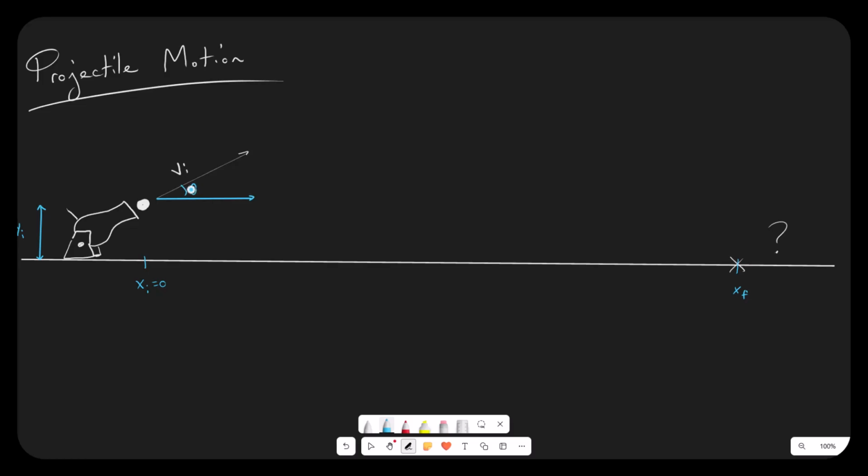Given a launch angle, we're going to break this into a V initial X and a V initial Y, and we're going to do that with our regular vector decomposition. So this makes a right triangle, so V initial Y is going to be V initial times the sine of my launch angle. V initial X is going to be V initial times the cosine of my launch angle.